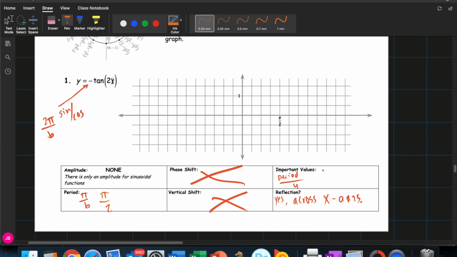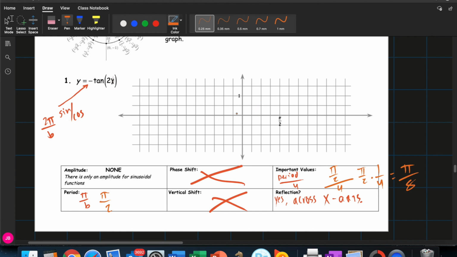And now the important values can be found by taking pi over 2 and dividing it by 4. What is pi over 2 divided by 4? Well, we take pi over 2 and we multiply by the reciprocal 1/4, which gives me pi over 8. So that means that every single pi over 8, I'm going to have an important value.